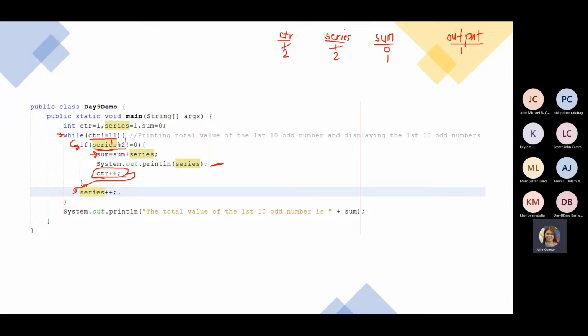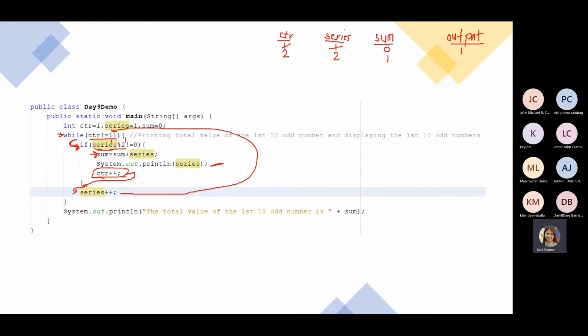And then after kay series, pupunta siya dito kay control structure natin. Okay? So now is counter not equal to 11, which is ang counter natin is 2. So 2 is not equal to 11 is true. So magiging papasok na naman siya dito.